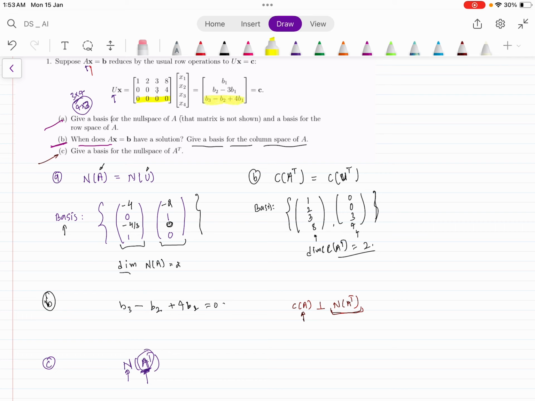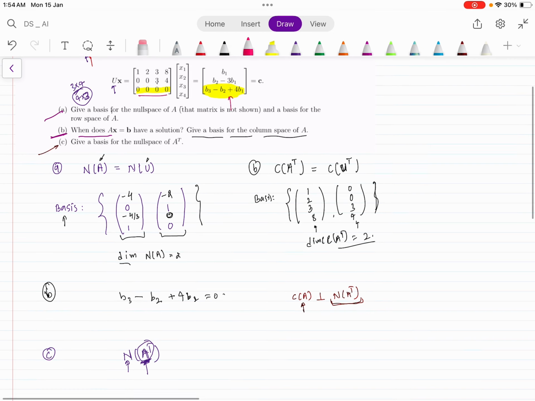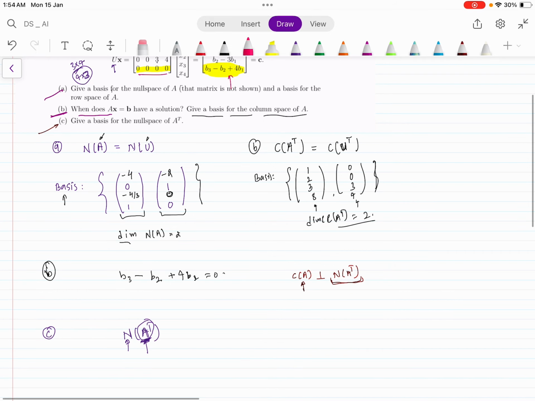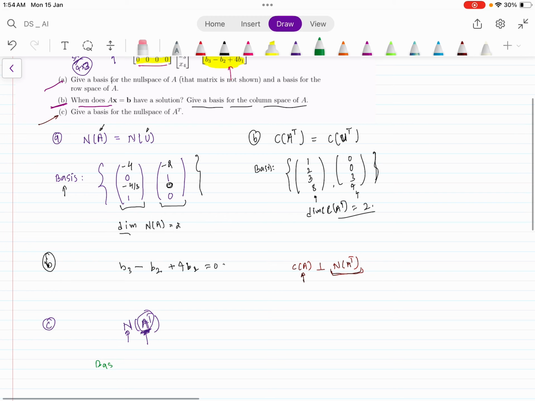So by looking at this, you see that from here you can get the linear combination, what combination will give you the 0, right? So the basis for our left null space. I have not explained this part in greater detail. I am assuming that you know all this.